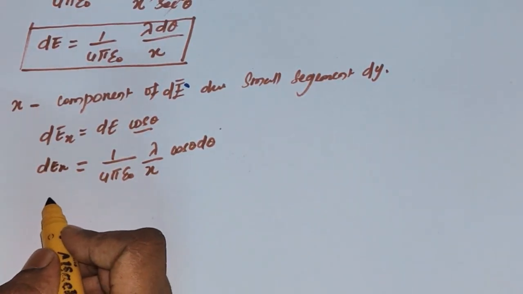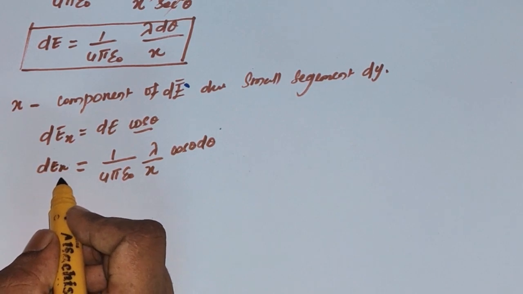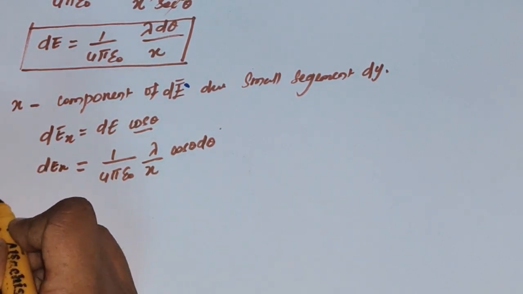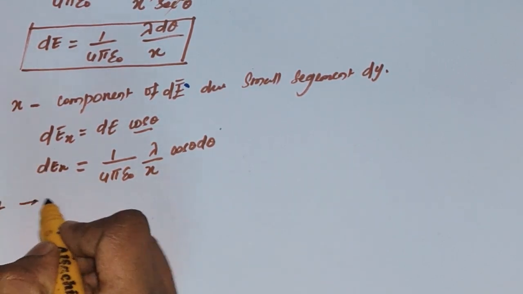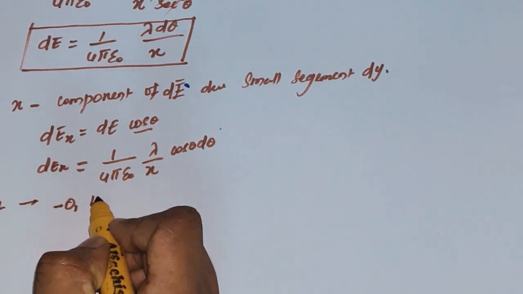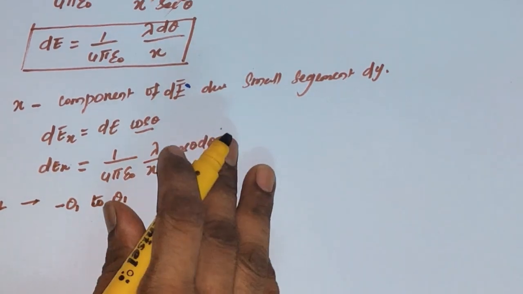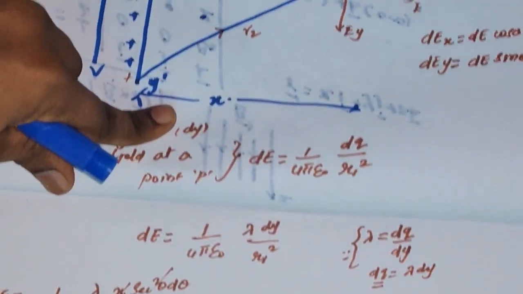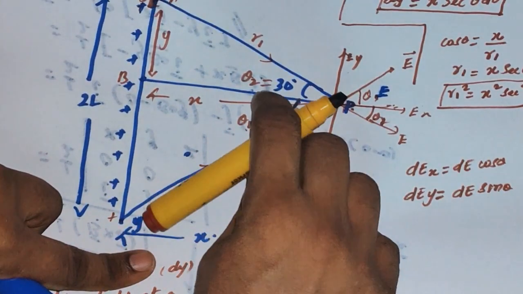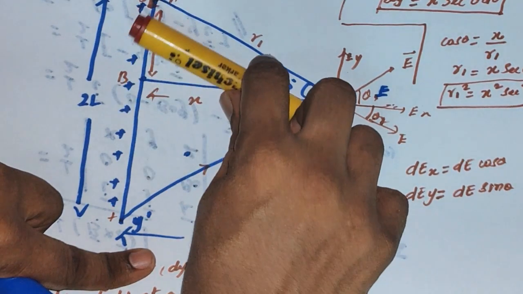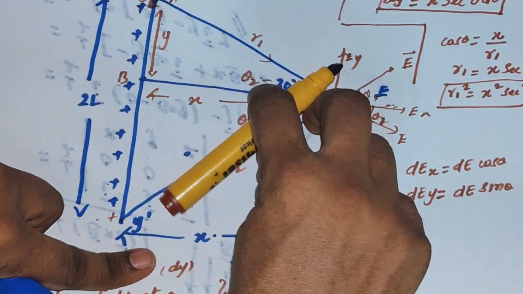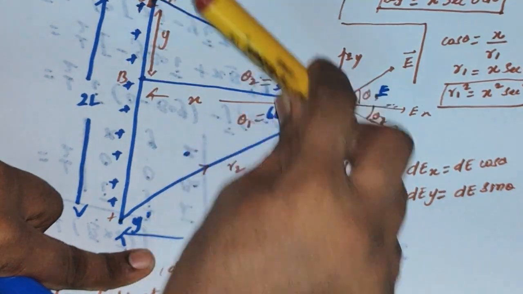Suppose we want to know the x component of the electric field due to the total length 2L, from minus theta 1 to plus theta 1, because the angle is varying. If you look at the diagram, the angle varies from theta 1 to theta 2. If you take this as negative, it is minus theta 1 to plus theta 2.